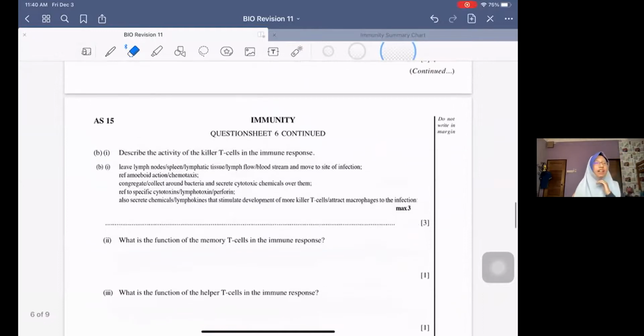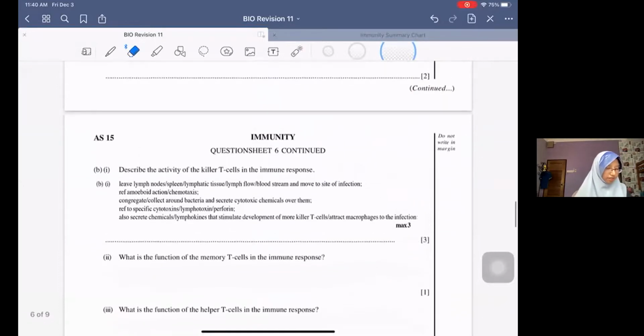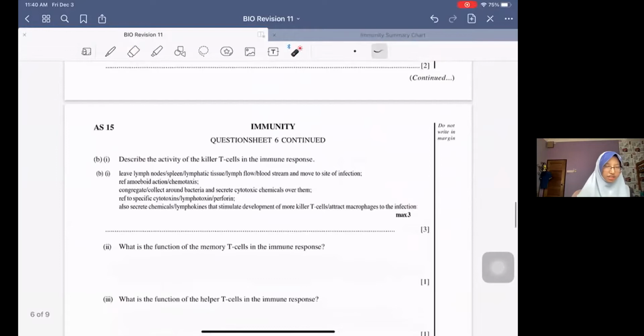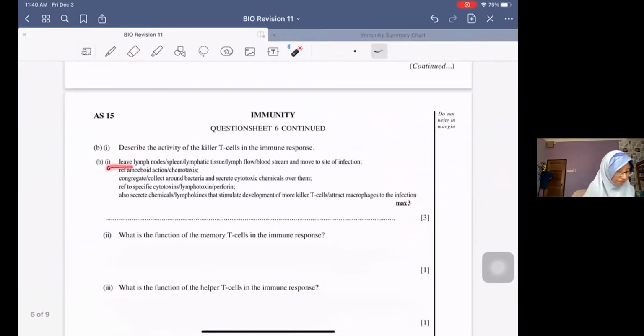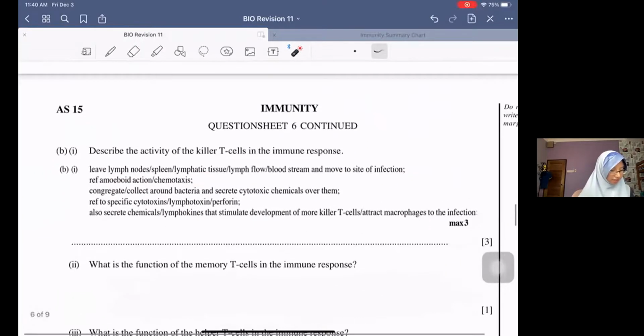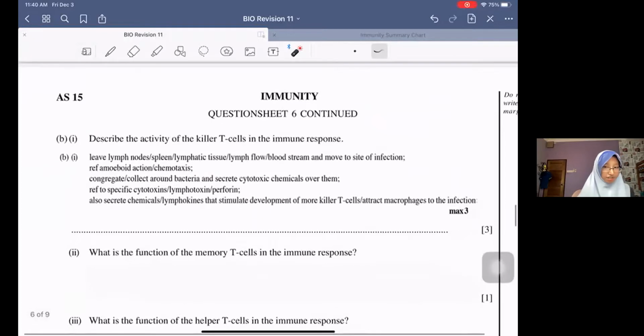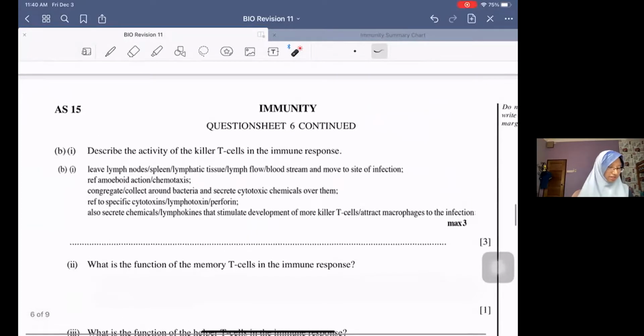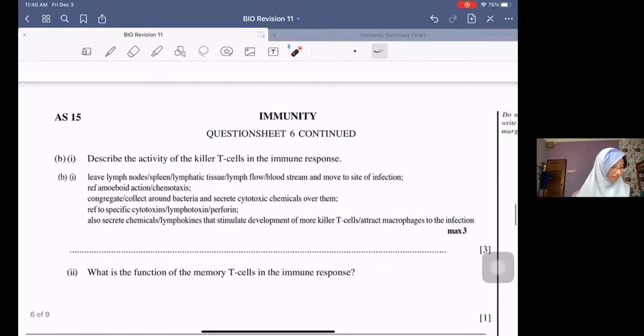Once they are attracted by the macrophages, the macrophages ask them to come and help. So they leave the lymph node and come to the site of infection. Again, by chemotaxis, because different kinds of chemicals are secreted that are foreign and very suspicious to them.